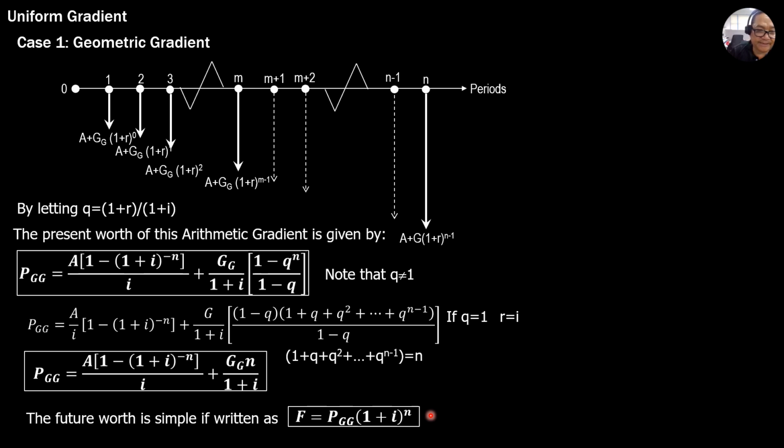Another suggestion, so that you will not be bombarded with formulas, is we just project these payments made at equal periods of time to the present by dividing each by 1 plus I to the power n. For instance, for this case, we divide this value by 1 plus I to the power 2, this value by 1 plus I to the power 3, and so on and so forth. So that's the idea for that case.